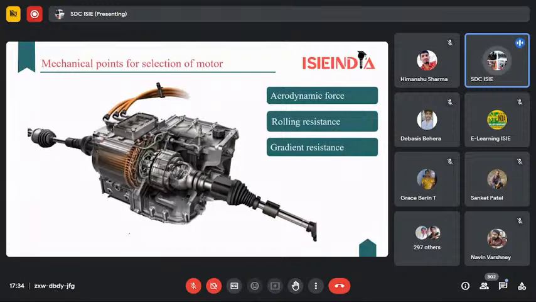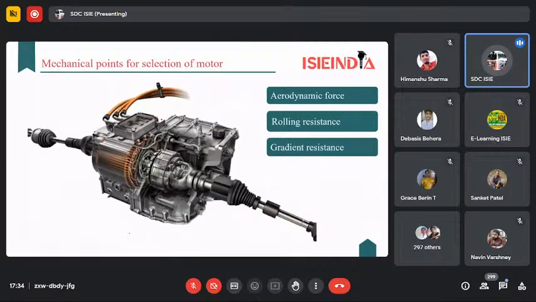Rolling resistance opposes the force acting on the contact patches of the tire when a vehicle moves from one place to another place. Gradient resistance is the opposing force acting on the vehicle when it drives on a slope or a gradient. We can say that it is the angle of the surface on which it drives, and it depends upon the coefficient of friction.